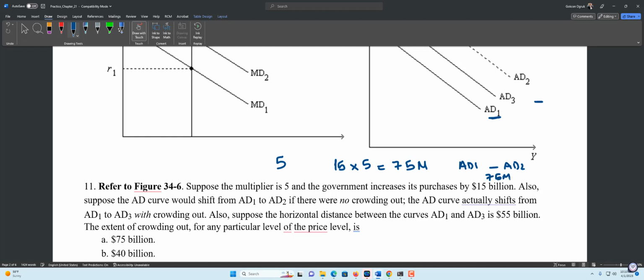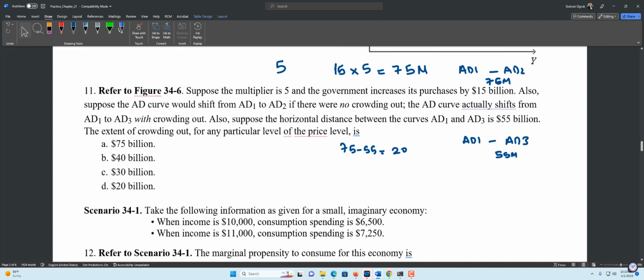But because of the crowding out effect, the distance between AD1 and AD3 is 55 million. So the difference between 75 million and 55 million should be because of crowding out. So how much is the crowding out? 75 minus 55, which is equal to 20. So therefore, the right answer is 20 billion.